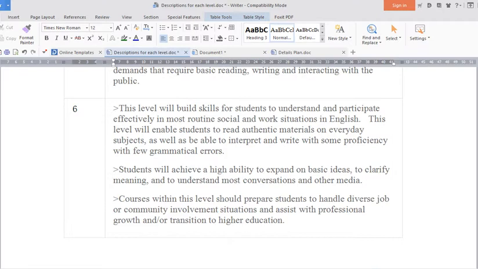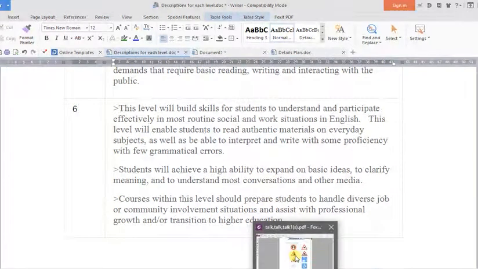They know some grammar rules, but sometimes they cannot apply them when they speak. Also, we can use this level for those who want to study business English.